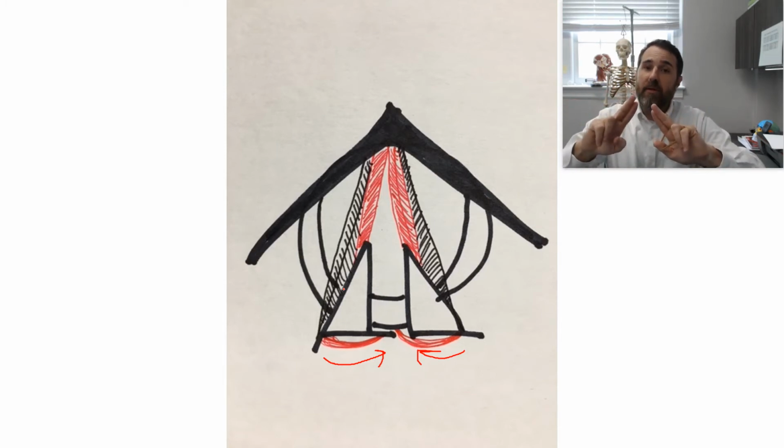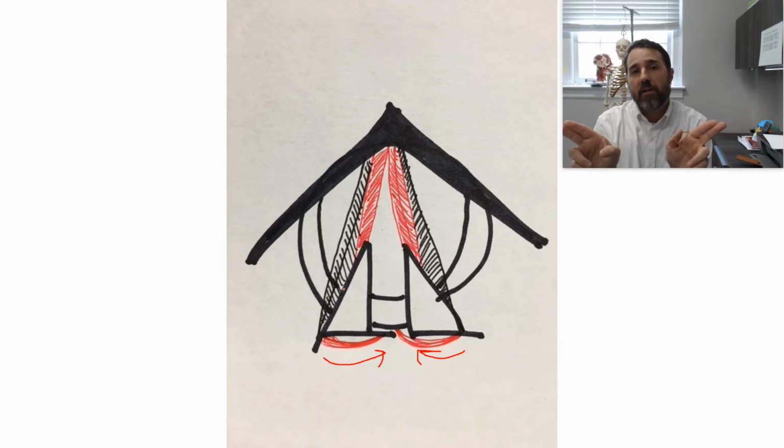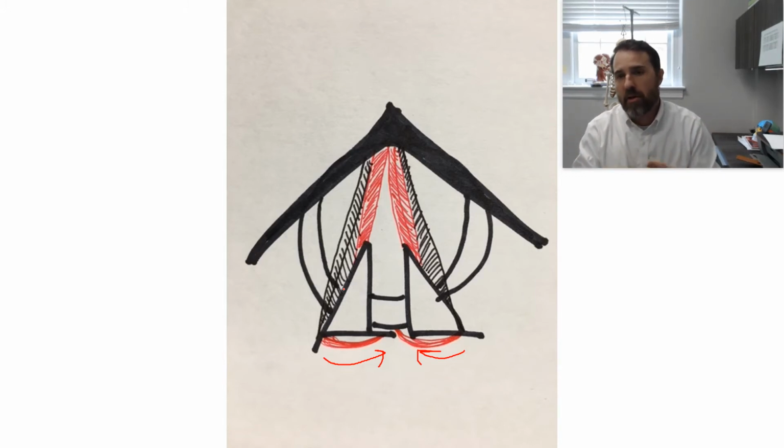And if the tips of the arytenoids are where the vocal folds are attached, then they are going to be moving the vocal folds apart. And that is how the posterior cricoarytenoid works.